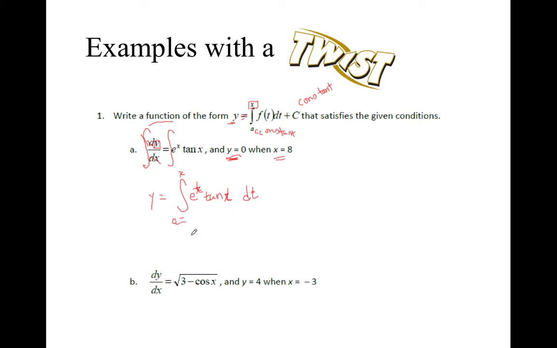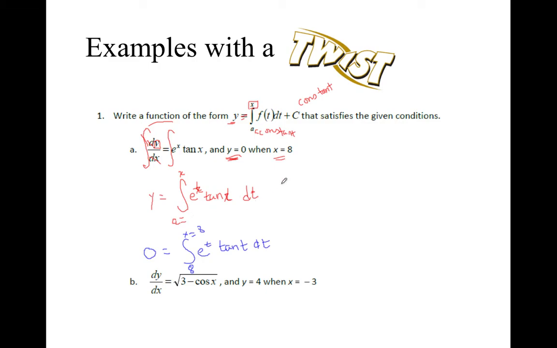You can't anti-differentiate this, but when will y be equal to 0? What's true? If x is equal to 8, how does this integral equal 0? That's right. This has to be 8.